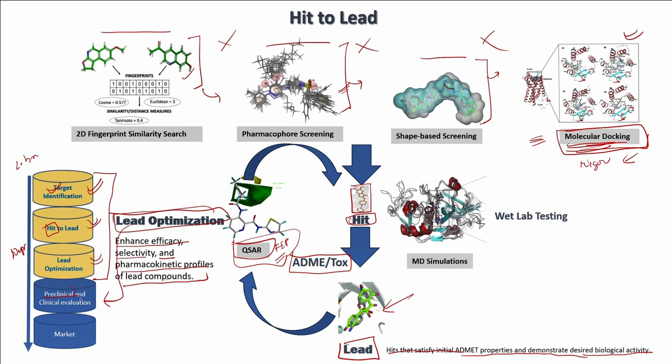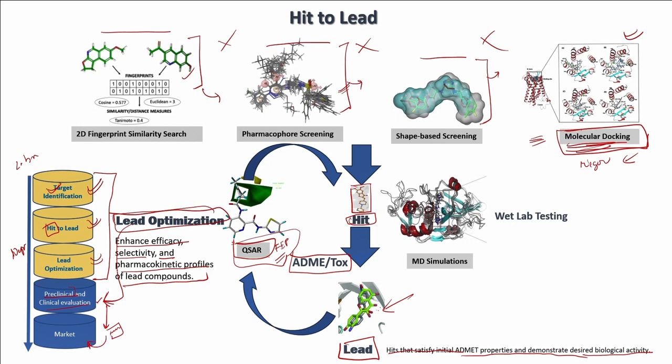Now you have AI-based everything: AI-based 2D, AI-based pharmacophore, AI-based screening, AI-based molecular docking. Everything you can integrate with AI nowadays. Anyway, we are not going to talk about it.